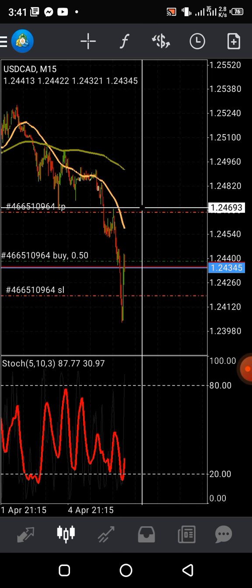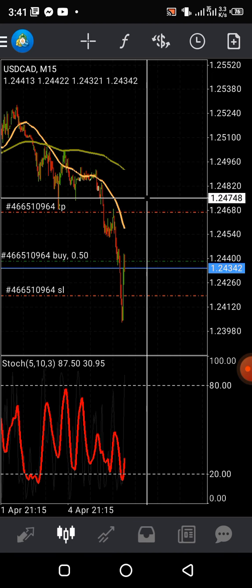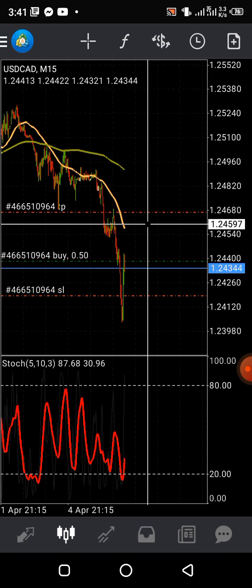You set a sell limit on a buy market, so it's kind of a reversal to what a stop order is. So I want to take a sell limit right here, and if price gets there, then I will want to be on the trade on the reversal of this bullish trend I'm expecting to go back into bearish form. So I might pick this level to be my sell limit.